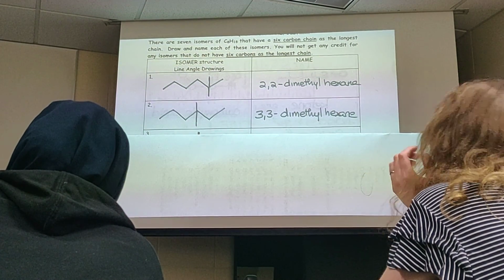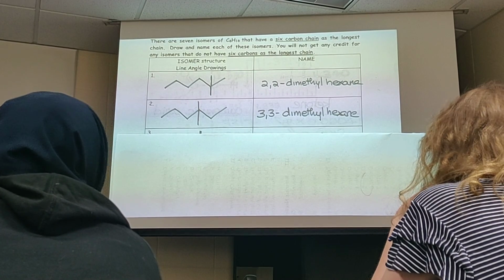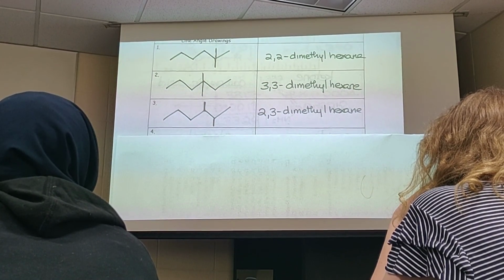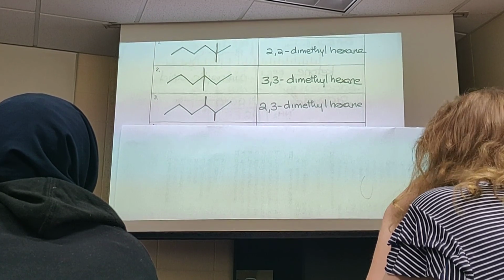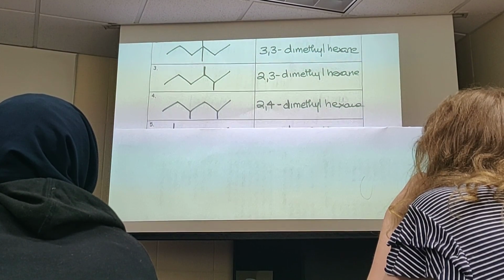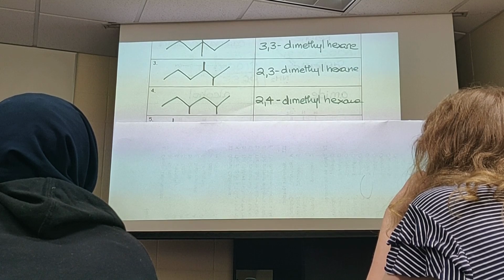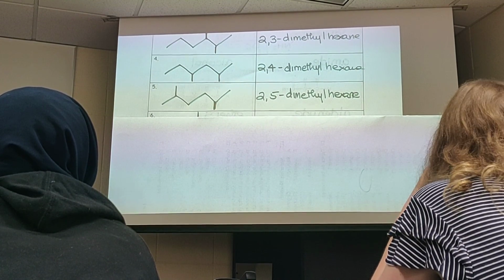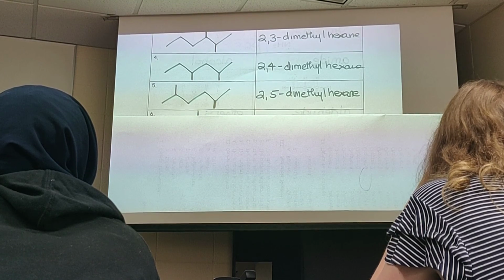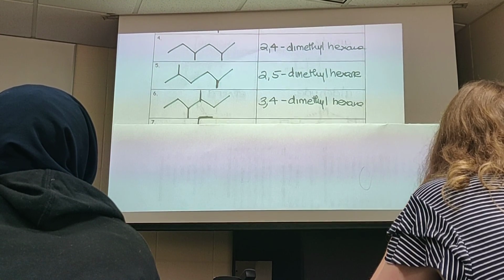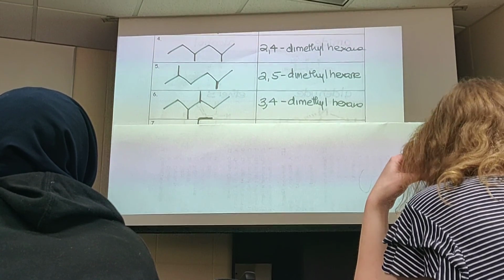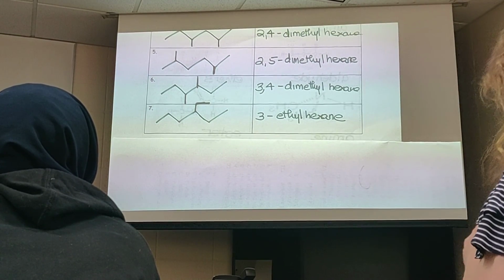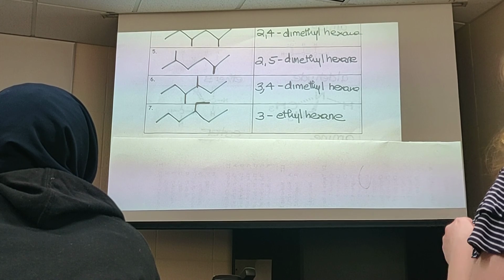We can put both of the methyl groups in carbon number 3. We can put one in carbon 2 and one in carbon 3. We could put one in carbon 2 and one in carbon 4. We could put one in carbon 2 and one in carbon 5. And then one in carbon 3 and one in carbon 4. And then the last one is your ethyl hexane.